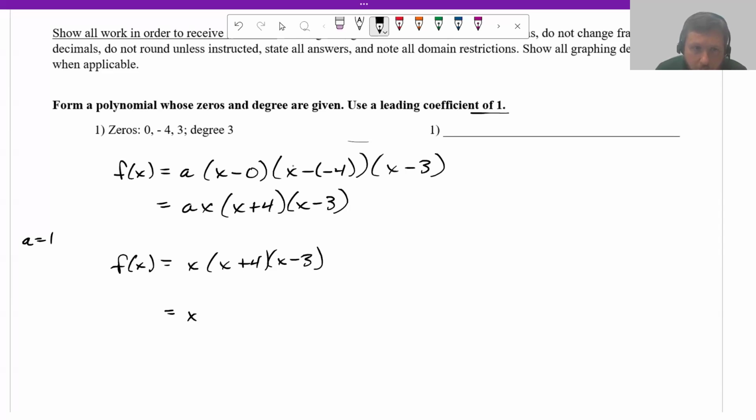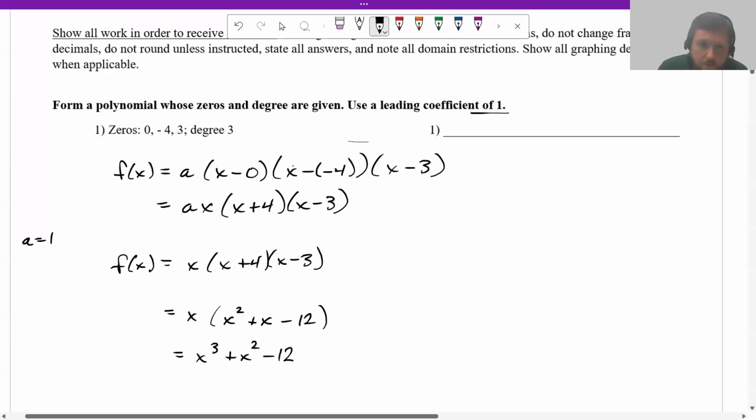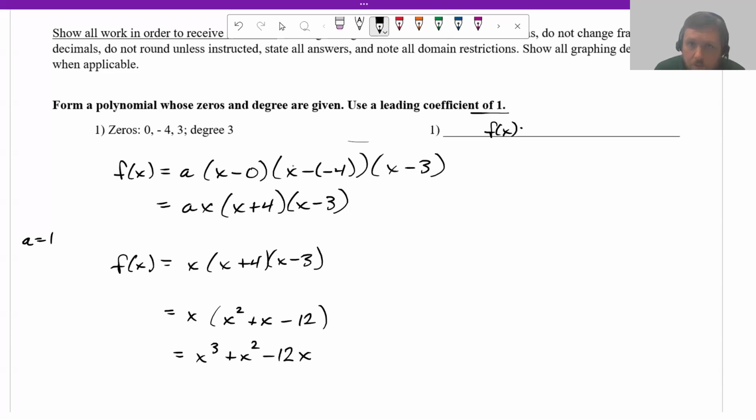But if you wanted to multiply it out, it's actually not too bad. You can multiply out the two binomial factors first. So then you have x squared, and then I have a 4x, I have a -3x and a 4x, and those combine to just give me x, and then 4 times -3 is -12, and then you distribute the x through, and then you have x cubed plus x squared minus 12x. So either one is correct.